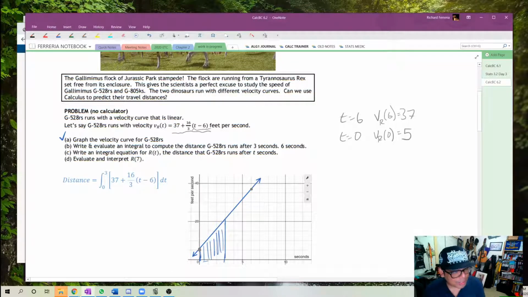What do we have? This is a trapezoid. This base over here on the left side is, what is that? T equals 5. And on the right side, that's going to be V of 3. Let's calculate V of 3.